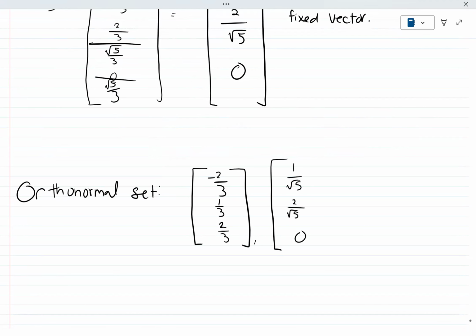That would be our orthonormal set for vector u and vector v.